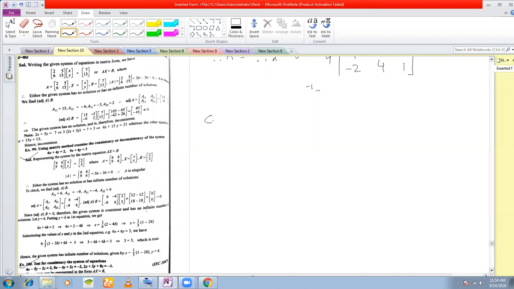Now remember, what do you mean by a consistent system of equations? A consistent system of equations means a system of equations that has at least one solution.